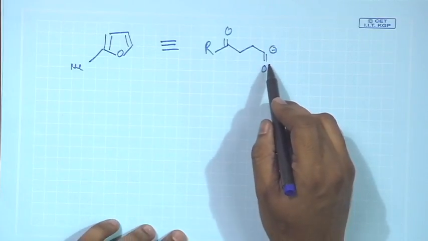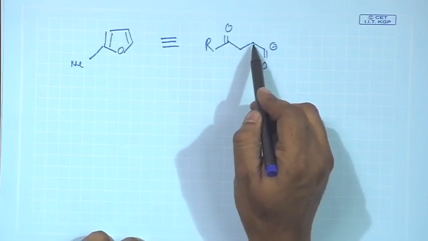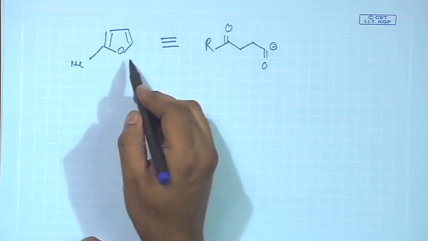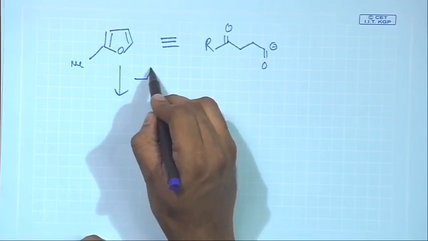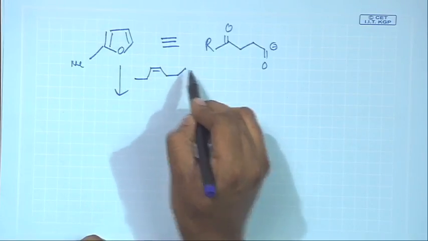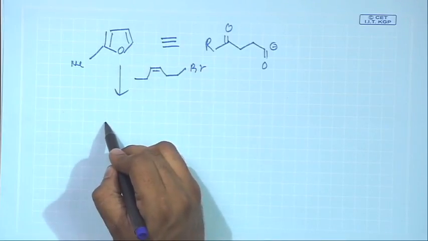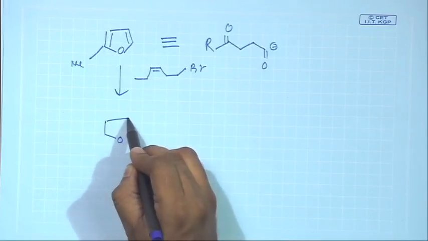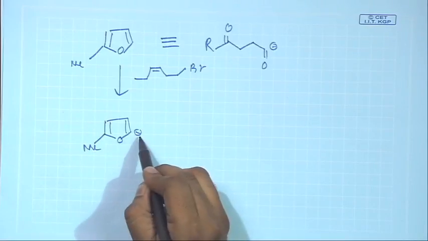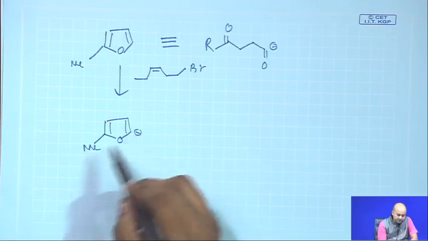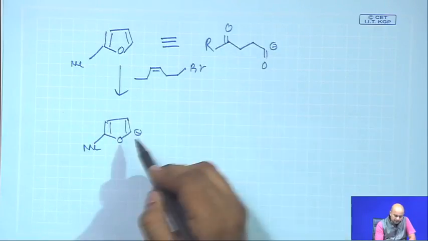Now, this is also Umpolung, but it is an Umpolung where the number of carbons has been increased. Now, what do we say? We said that with this furan we are reacting with this electrophile, whose structure we have already given. The furan initially was reacted with butyl lithium and you get this minus and this methyl. Now, this minus is actually visualized as this MeCO, CH2, CH2, CO minus.